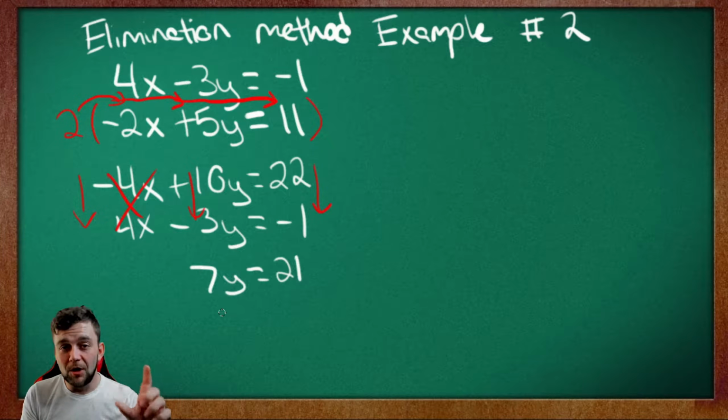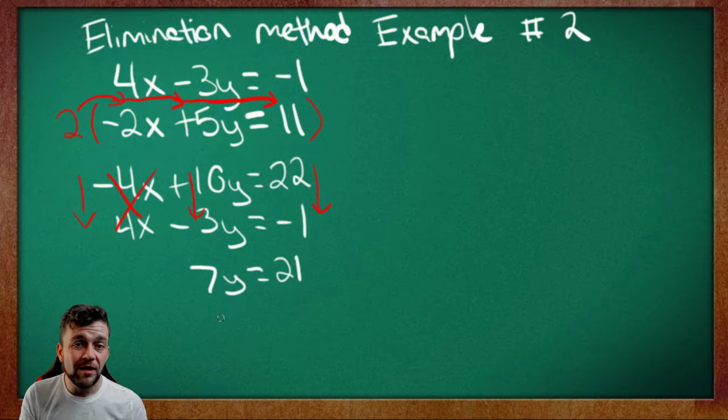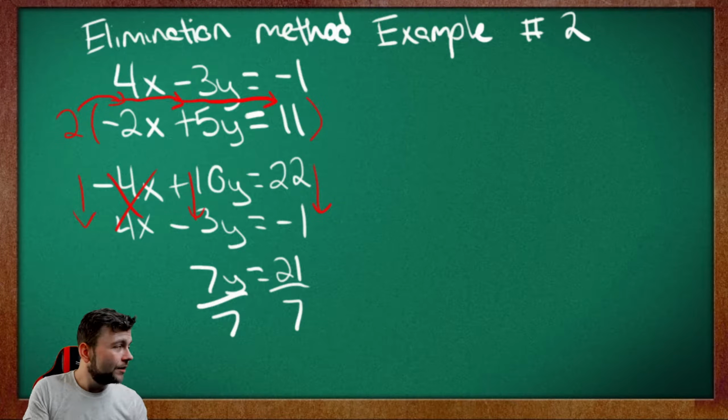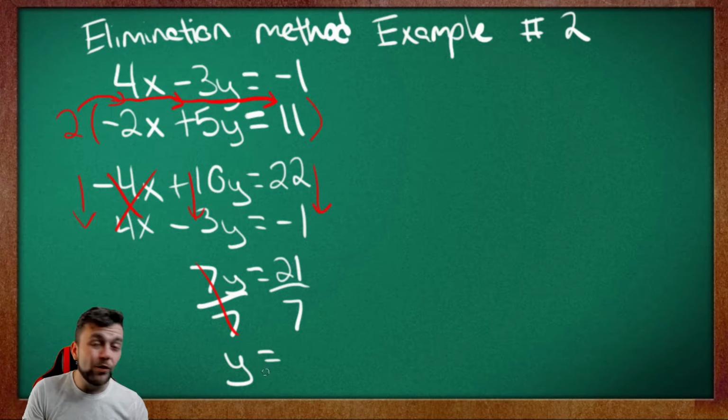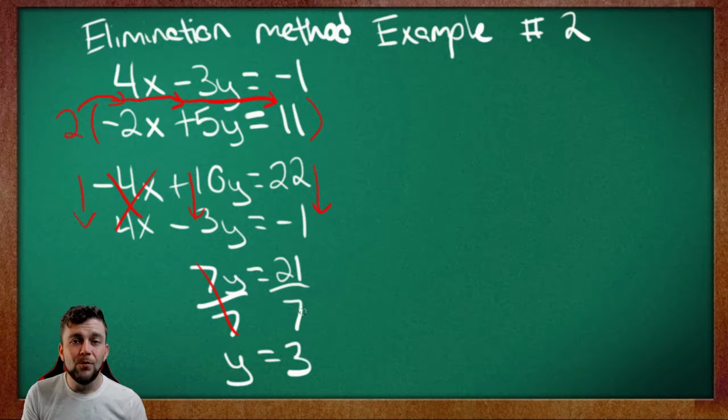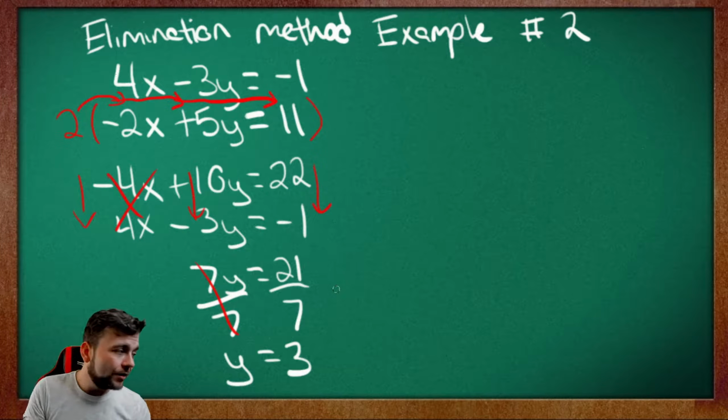How do you get rid of the multiplication that's occurring between your 7 and your y? You divide both sides by 7. And your 7's simplify down into a 1. 21 divided by 7, you are left with y equals, what is 21 divided by 7? It is 3. Boom. We got it.